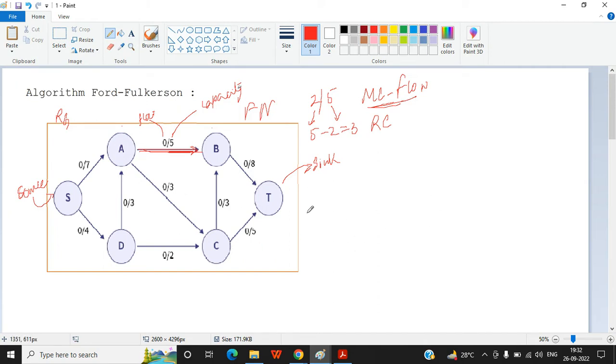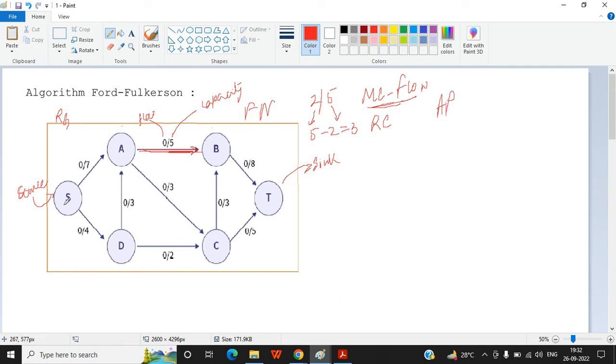So the next one is flow. I told you capacity, maximum flow, residual graph. Next, augmenting path. What is an augmenting path?